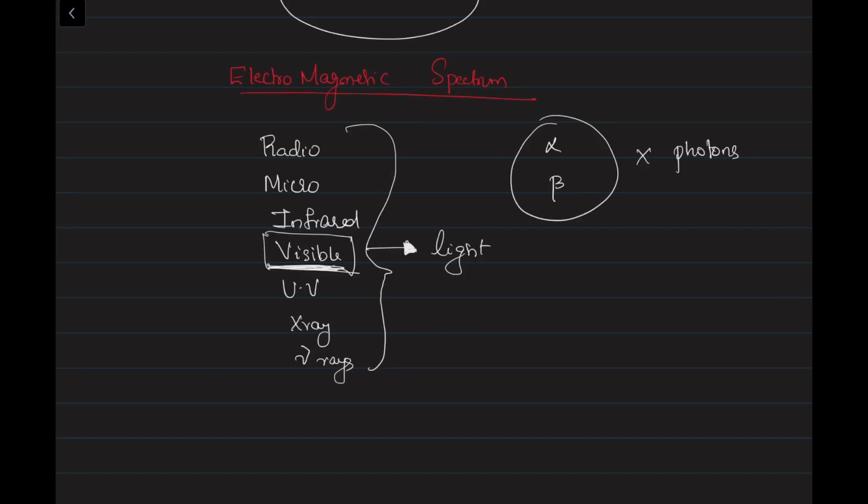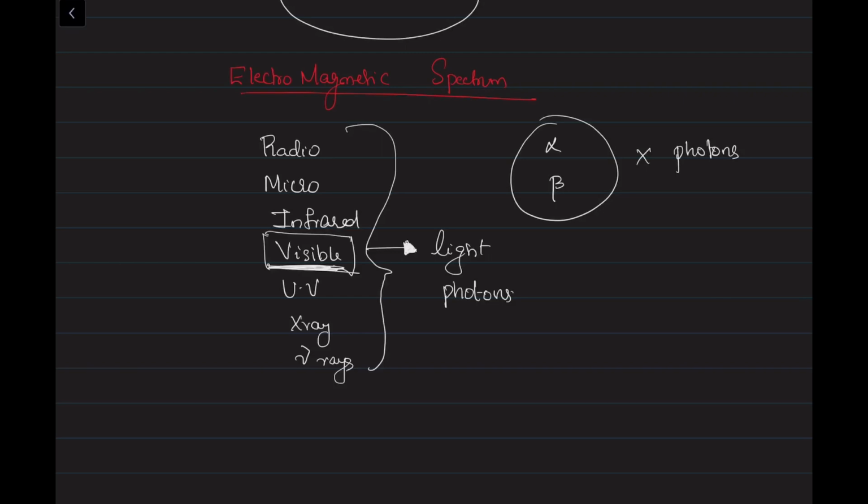Radio, micro, infrared, UV, X-ray, gamma, all radiations are basically light. They are photons or packets of energy. Don't get confused that the visible part is the only light. You might be studying radio, micro, infrared, light, UV, X-ray, gamma. No, don't study like that. You have to study the entire spectrum, with each of these under the category of light.